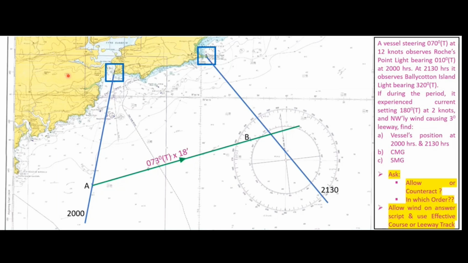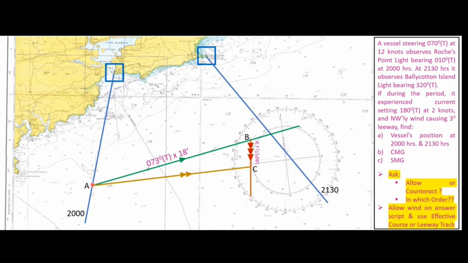Now we allow for current for 1.5 hours, so we draw the current at B, represented by 3 arrows. Drift in 1.5 hours at 2 knots will be 3 miles. We get point C, 180 degrees and 3 miles from B. Now A to C becomes the course made good, and point A is transferred to point C. Why?